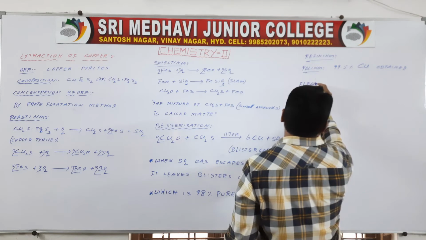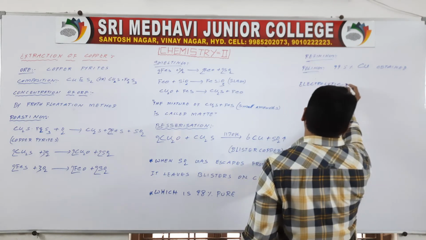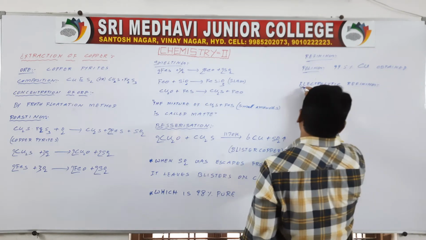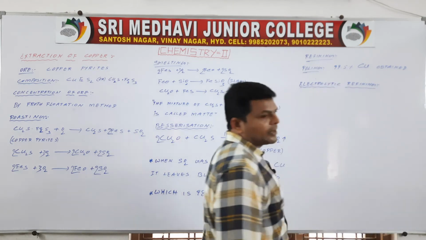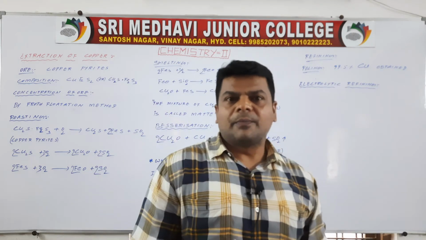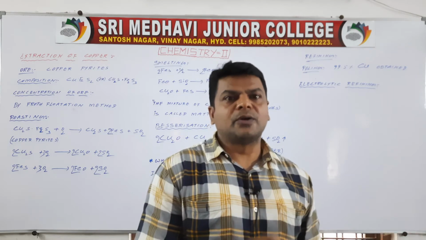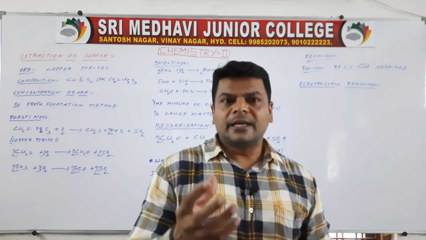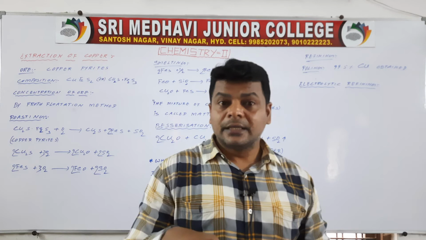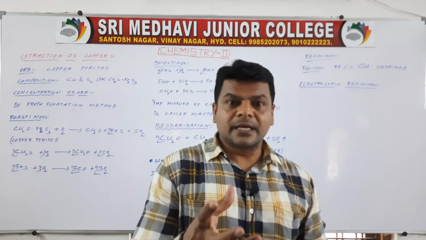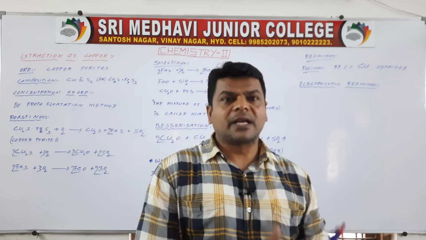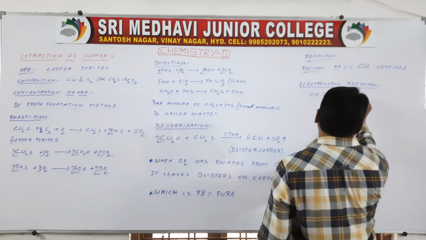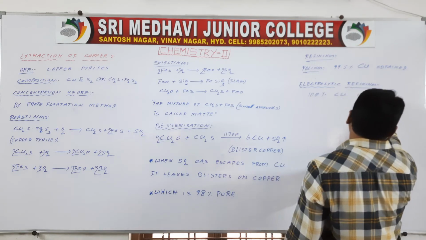Next, electrolytic refining. Electrolytic refining means taking impure copper as the anode and pure copper as the cathode. Taking an electrolytic solution and passing electricity, impurities are deposited at the anode, and the copper is purified. 100% pure copper is obtained by this method.